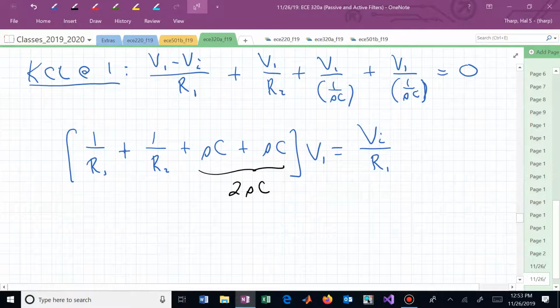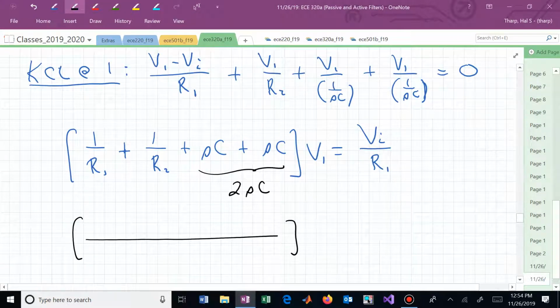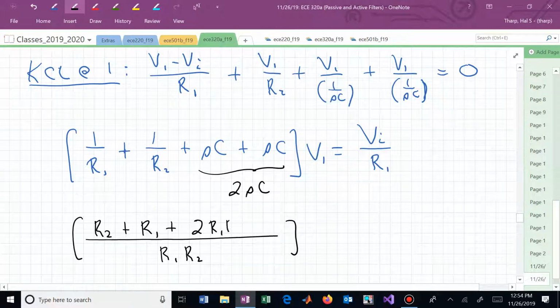If we collect all of those terms in square brackets over a common denominator, let's call that now R1 and R2, we now have R2 plus R1 plus 2 R1 R2 CS scaling V sub 1 is equal to V sub I over R sub 1.